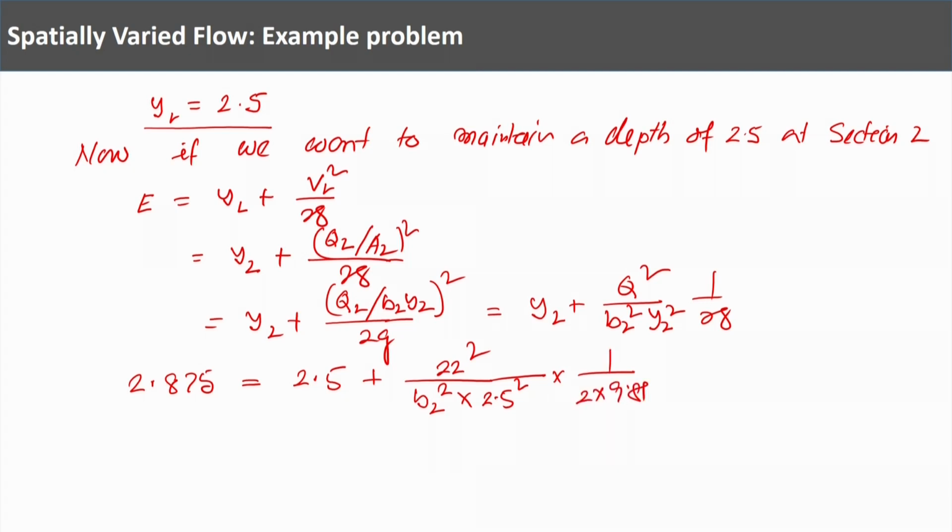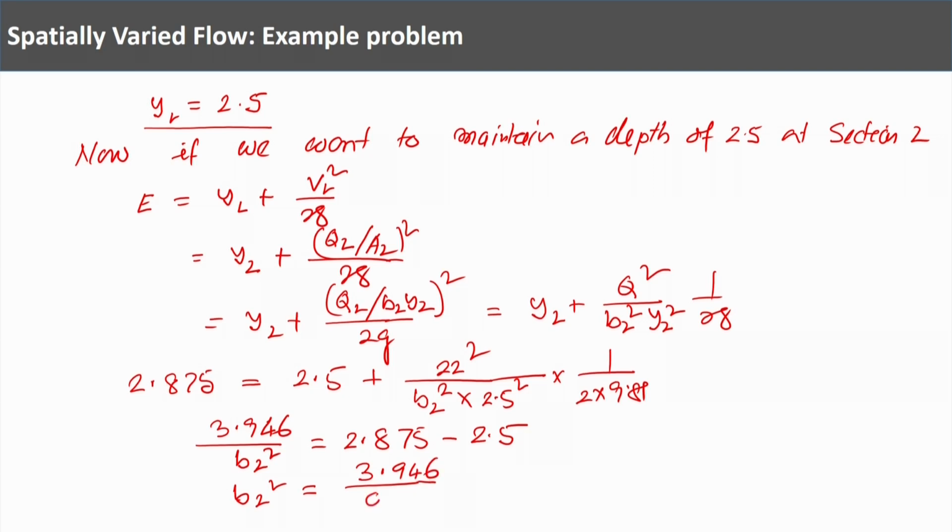If I solve it, I should get 3.946 divided by B2 square, which is equal to 2.875 minus 2.5. So, B2 square is equal to 3.946 divided by 0.3758, which is equal to 10.501.